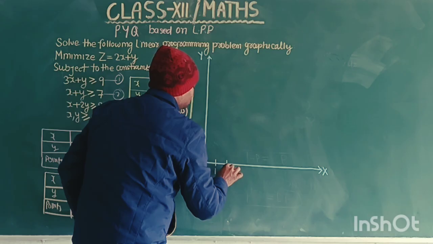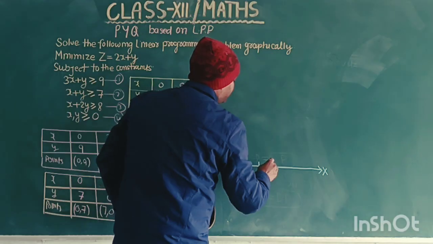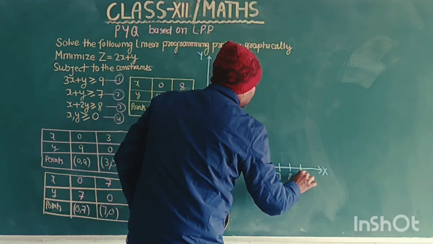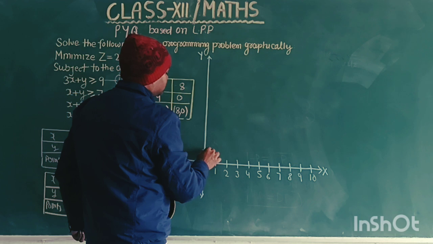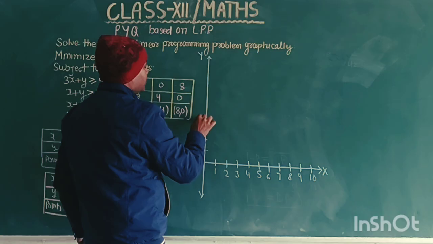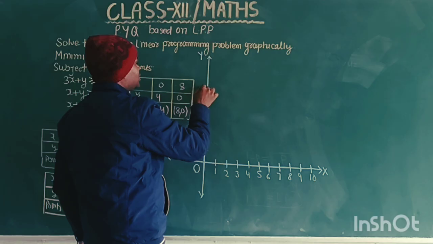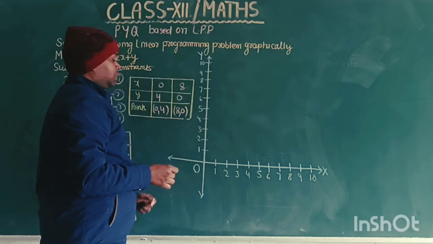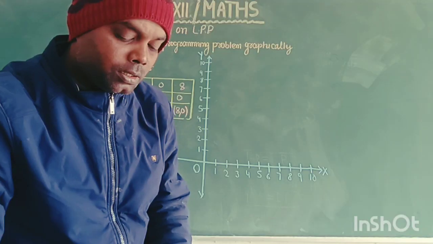This is 1, 2, 3, 4, 5, 6, 7, 8, 9, 10. And also mark the same points on the y axis: 1, 2, 3, 4, 5, 6, 7, 8, 9, 10.